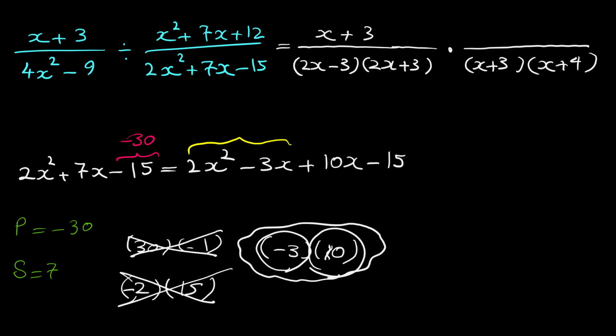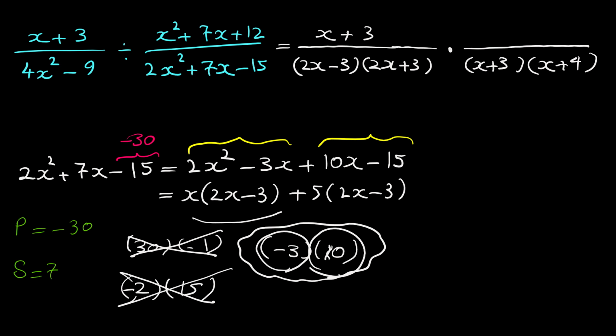Now we consider these two first terms a group and we factor the common factor between them, and we consider these two as another group. What is common between 2x^2 and minus 3x? x. So we factor x from these two and then we have 2x minus 3. Between 10x and negative 15, 5 is common, so we factor 5 and then we have 2x minus 3.